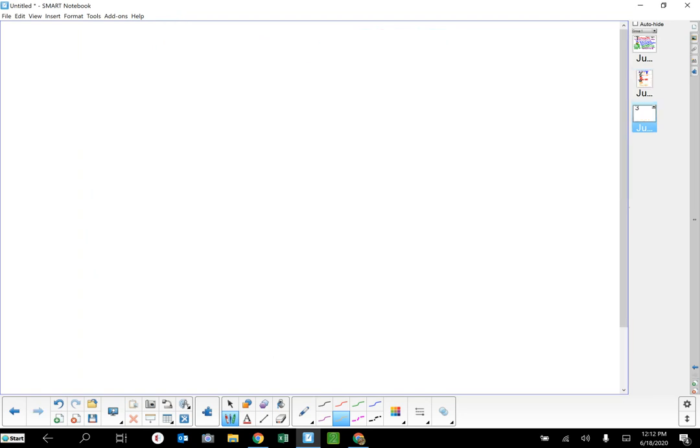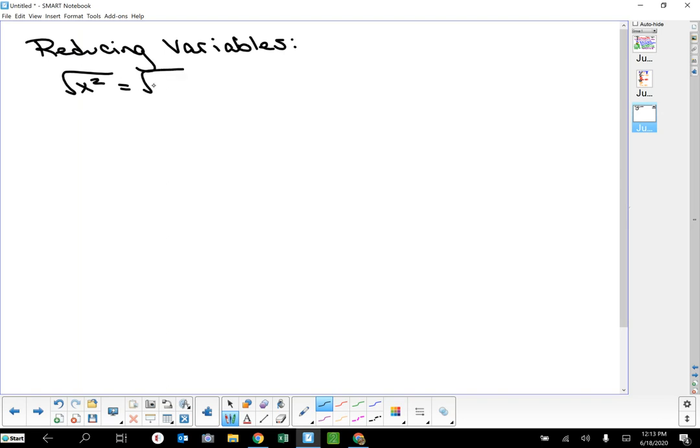All right. Real quickly, let's talk about reducing variables. And this is pretty straightforward, and it works similarly. If you have the root of x squared, essentially you have a rad x times a rad x, or you could do this: x squared is x times x.